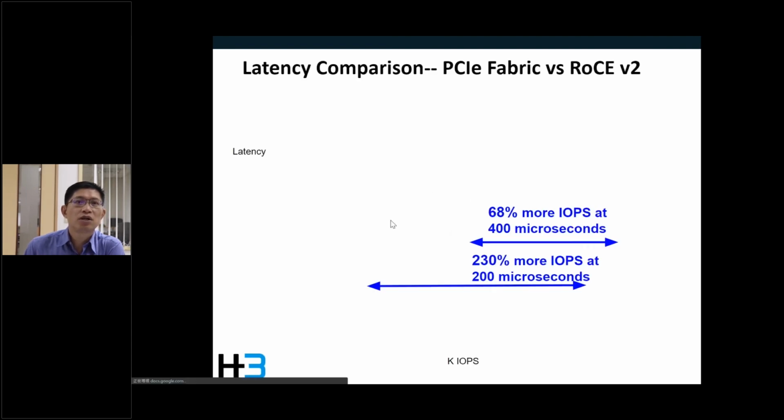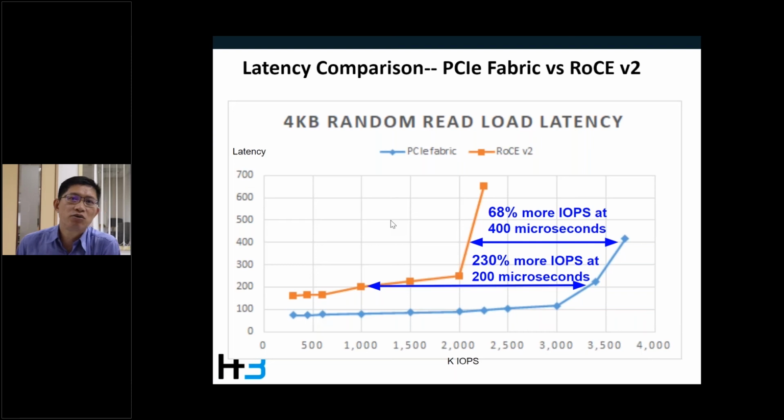Okay, so now what did we get? The result under 200 microseconds. This slide is the RoCE v2 performance, and this is the PCIe fabric. So under 200 microseconds, RoCE v2 roughly gets 1 million IOPS. In PCIe fabric, at 200 microseconds, it can reach 3.3 million IOPS.